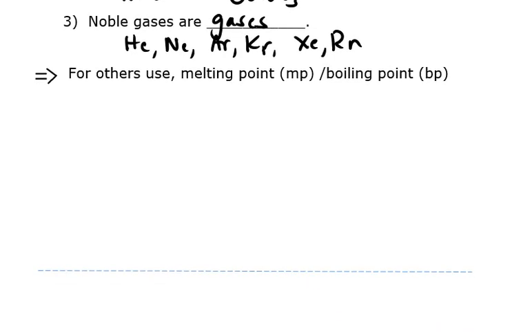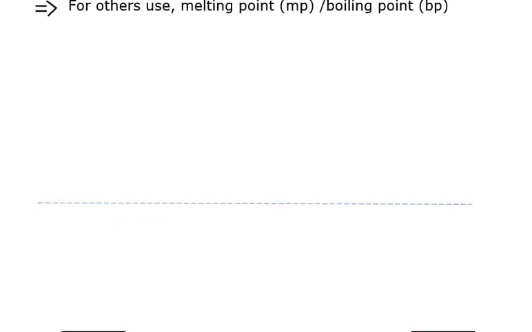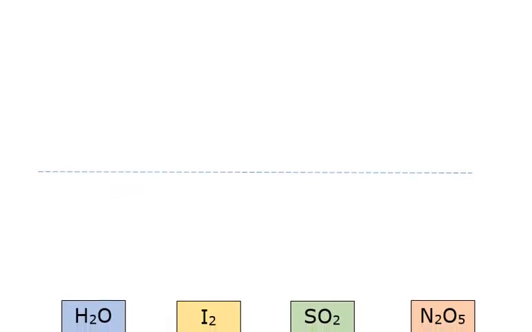Okay, so let's look at some examples. We'll start with water. I put this dotted line to represent room temperature, and I'll do it in Celsius, 23 degrees C. That's room temp. We use the melting point and the boiling point to determine where room temperature falls in with the melting points and boiling points.